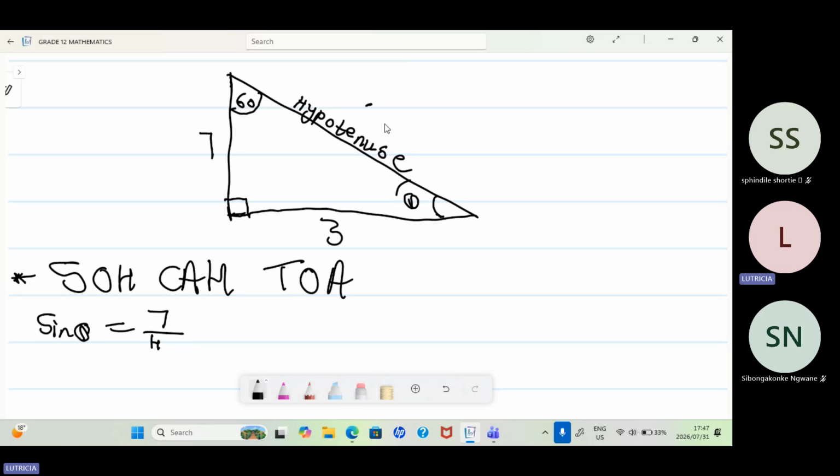We're not calculating the actual values, I'm just giving an example to explain this. So it's gonna be 7 over 8. And if we're asked to find sine 60, then it's gonna be 3 over 8.